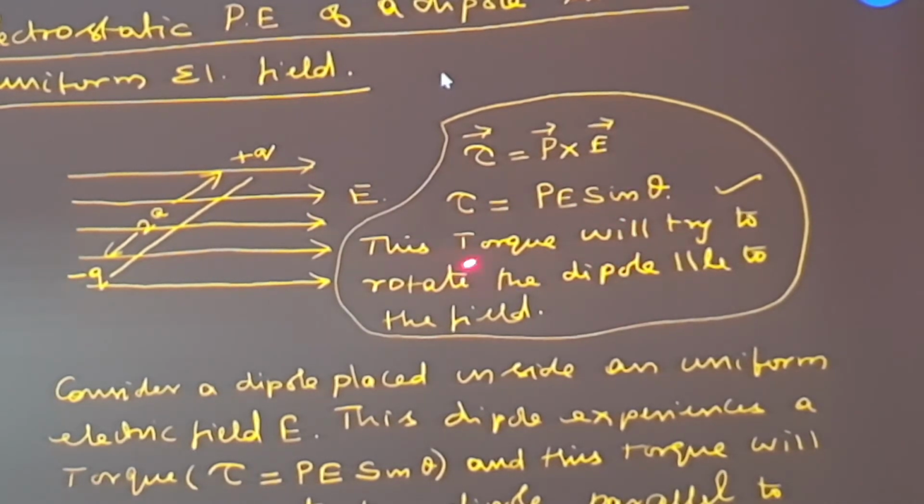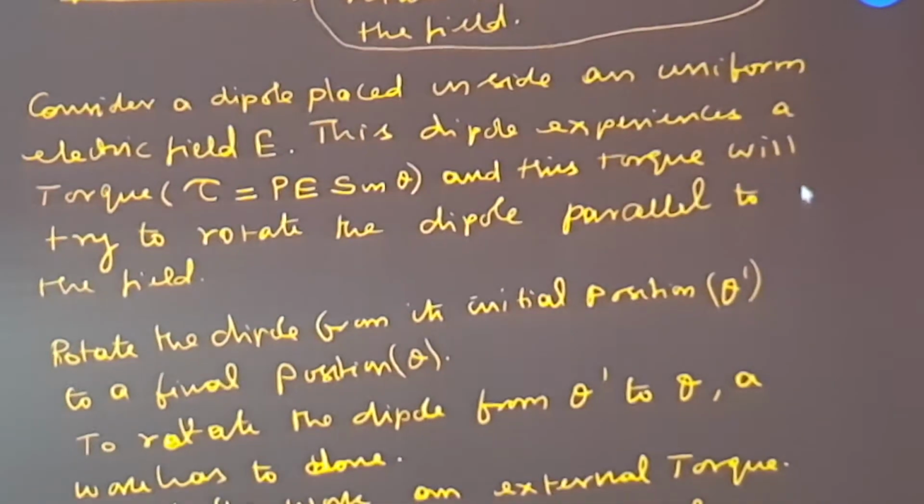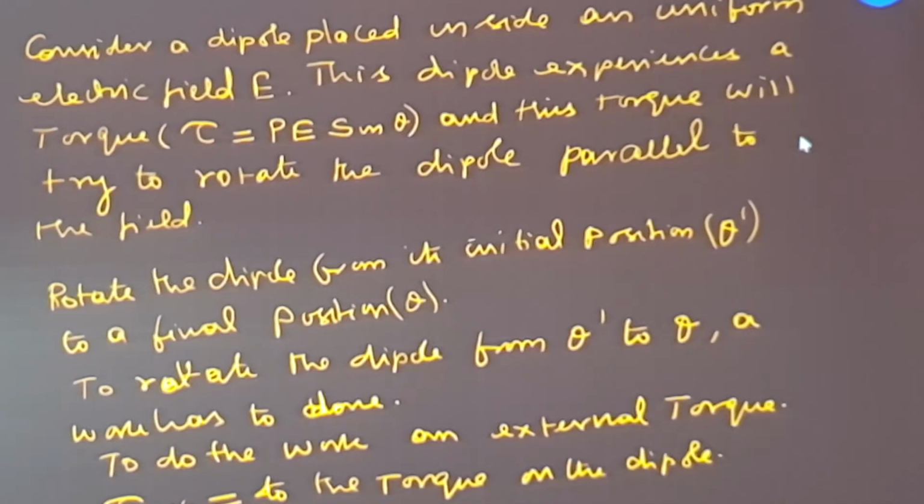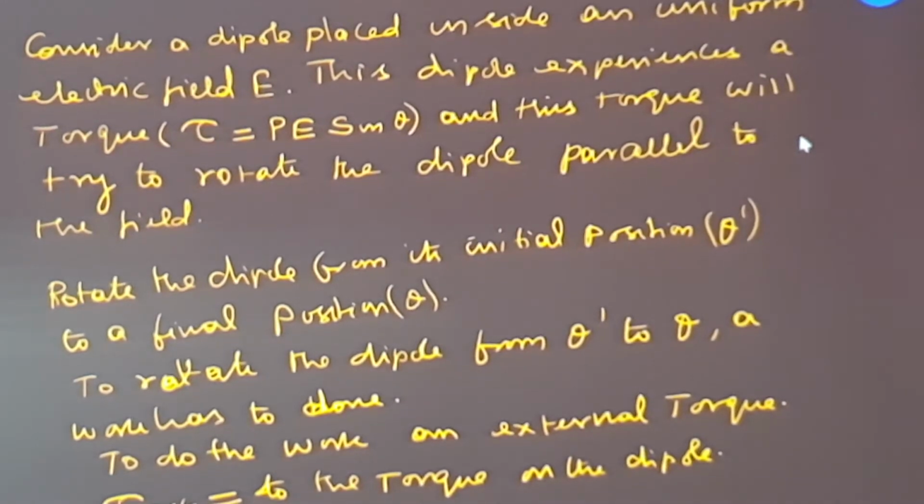This torque will try to rotate the dipole parallel to the field. I have written a small description below the diagram. Consider a dipole placed inside a uniform electrical field E. The dipole experiences torque tau, the magnitude of the torque is pE sin theta, and this torque will try to rotate the dipole parallel to the field.